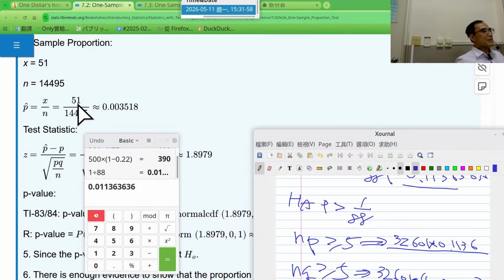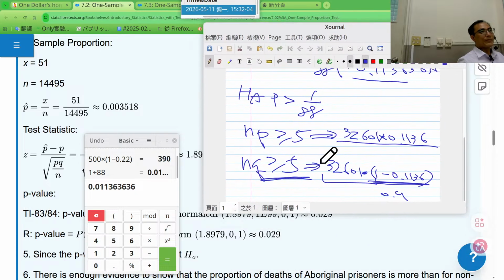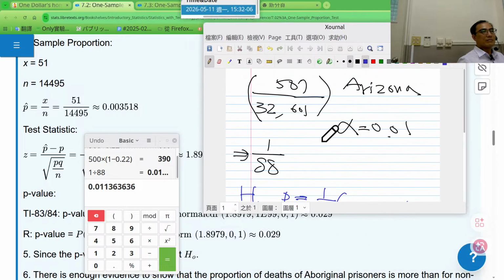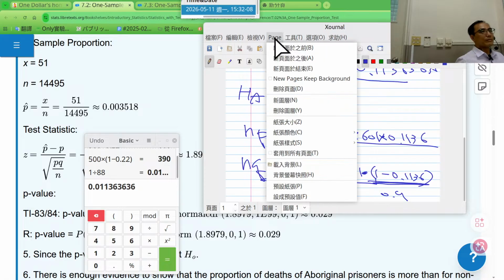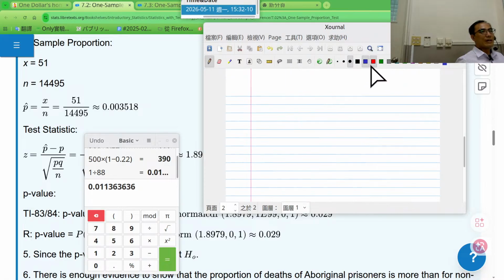In this case, 51 divided by 14,495. In our case, the p-hat should be 507 divided by 32,6... I forgot it.